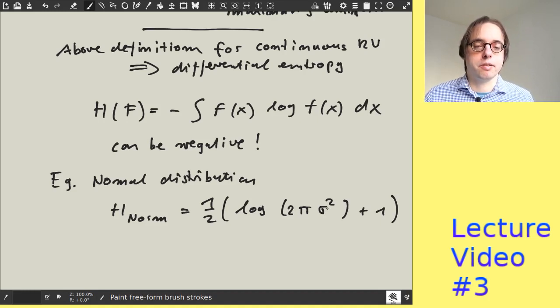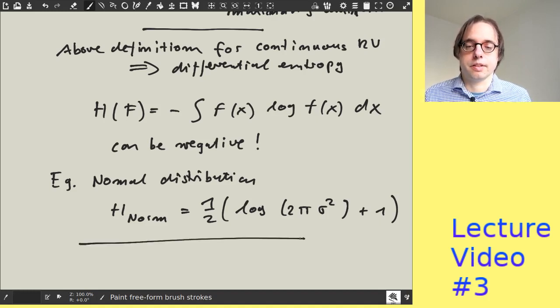It doesn't depend on the mean. So the larger the variance, the more uninformative the distribution becomes. And of course, if the variance is infinite, then it's maximally uninformative. So that's the differential entropy.